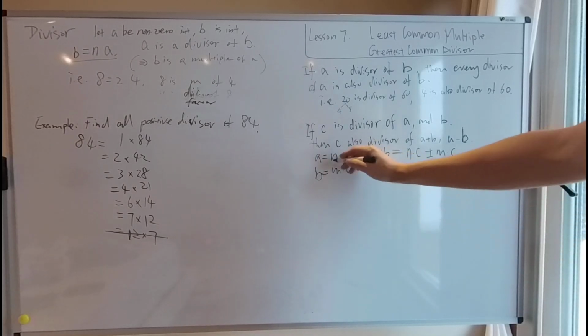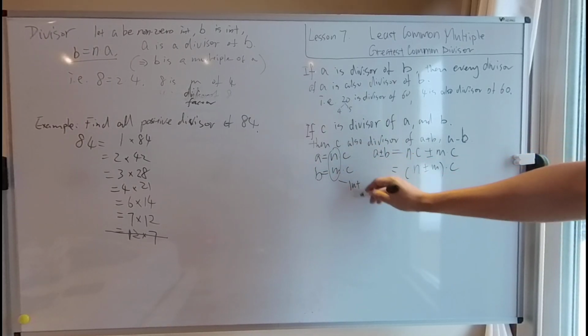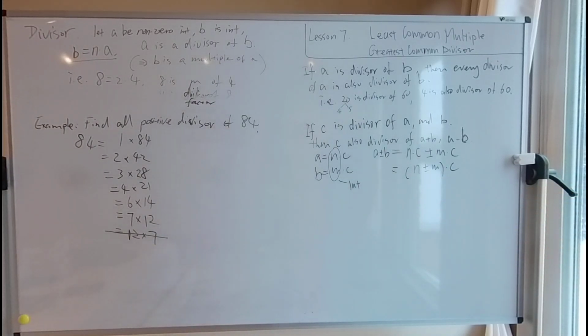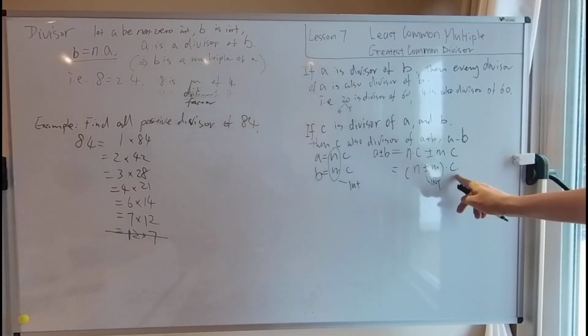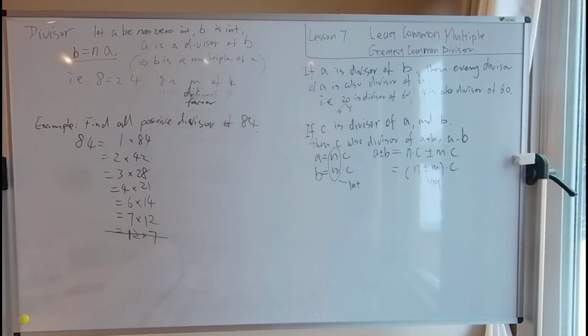Now, m and n must be integers, then the sum and subtraction of the two integers are also an integer. Doesn't matter positive or negative, it's an integer. And as long as this is also an integer, that means c is a divisor of a plus b and a minus b.